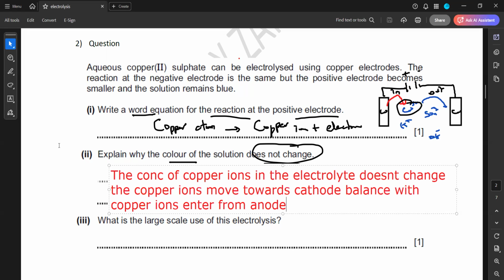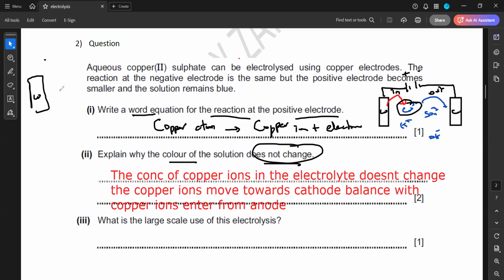So actually what is happening is that at the anode, because the anode is made up of copper and the electrolyte also contains copper, when one copper is going out towards the cathode, another copper atom enters the electrolyte from the anode. So as a result, there is no change in the concentration of the copper ion. That's why the solution does not show a color change.